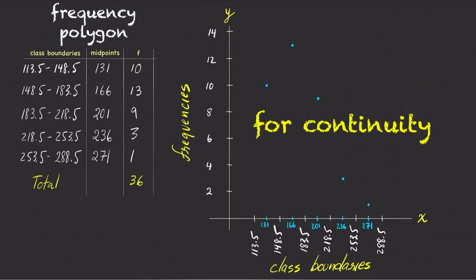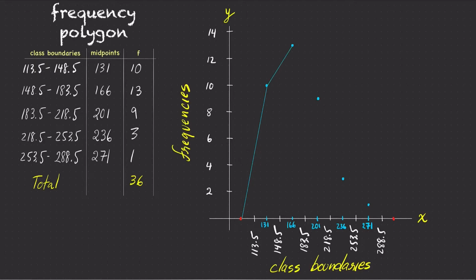For continuity, mark a point on the x-axis in front of the first lower boundary, and mark another point on the x-axis behind the last upper boundary. Now connect the dots.